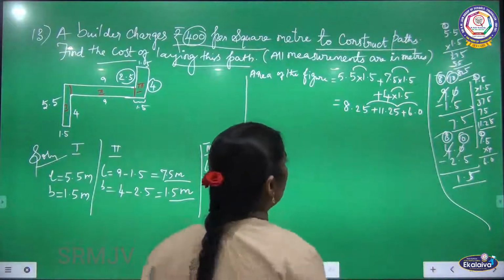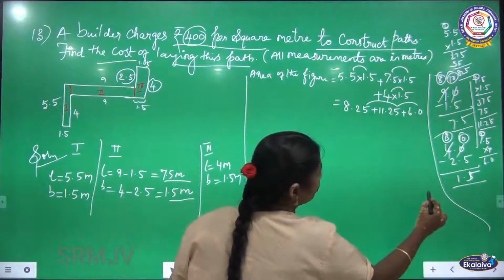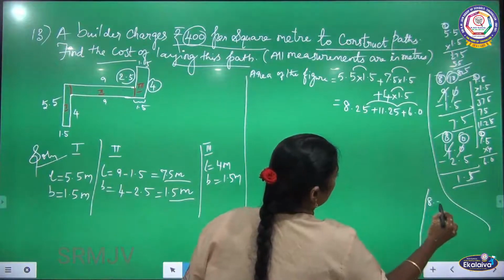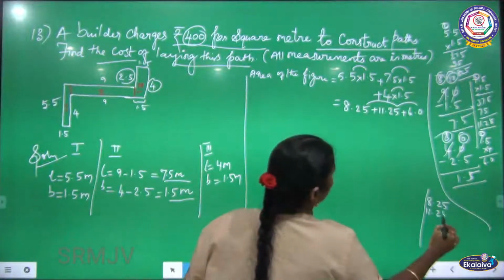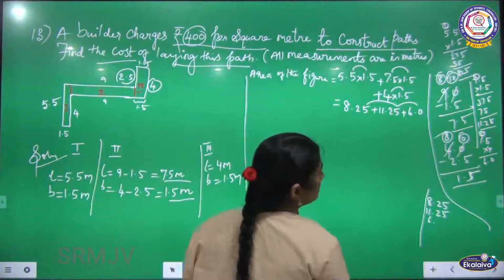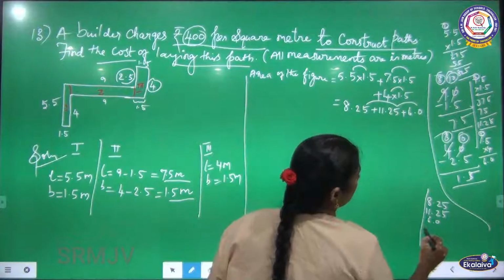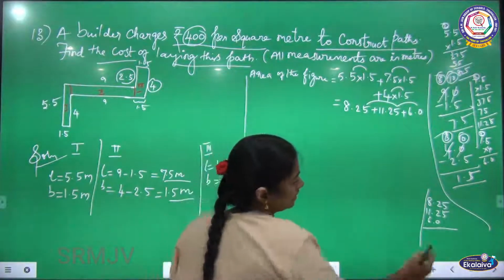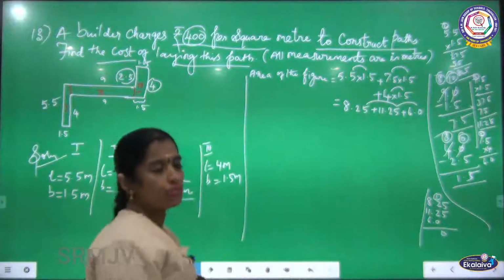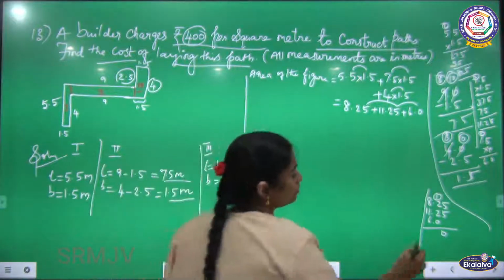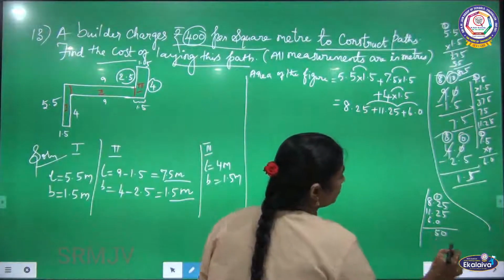Got it? Now I am going to add all those things. See, listen, 8.25, 11.25 as well as 6. Now see, 0, 5 plus 5 is 10. So 0, 1 carry over, 2 plus 2 is 4, 4 plus 1 is 5.